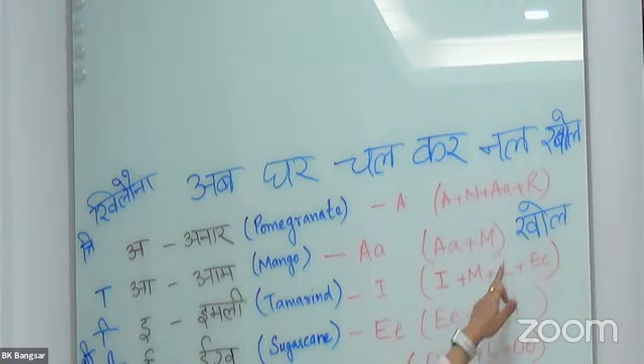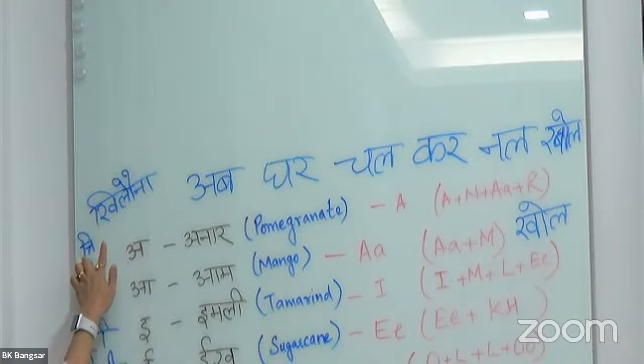When you do k with just o, which is one single matra, khol. Khol is to open. Then khilana was to make people eat or play, do something. Khilona is toy.